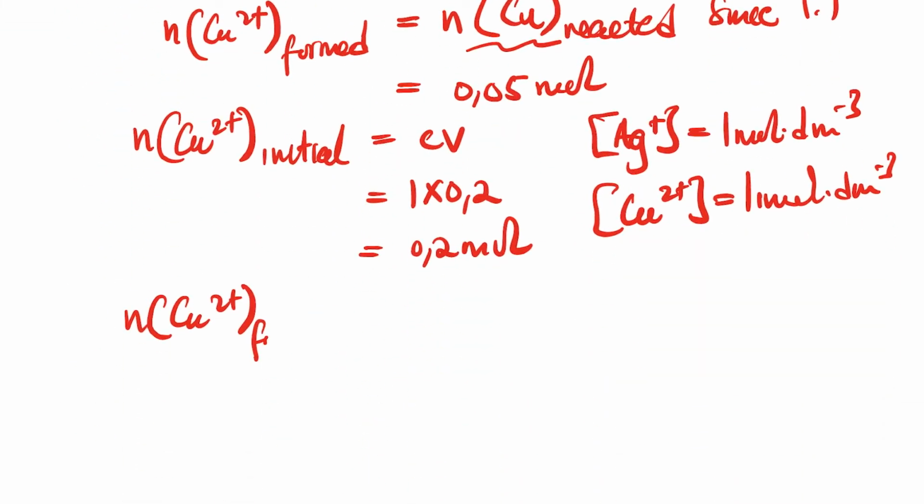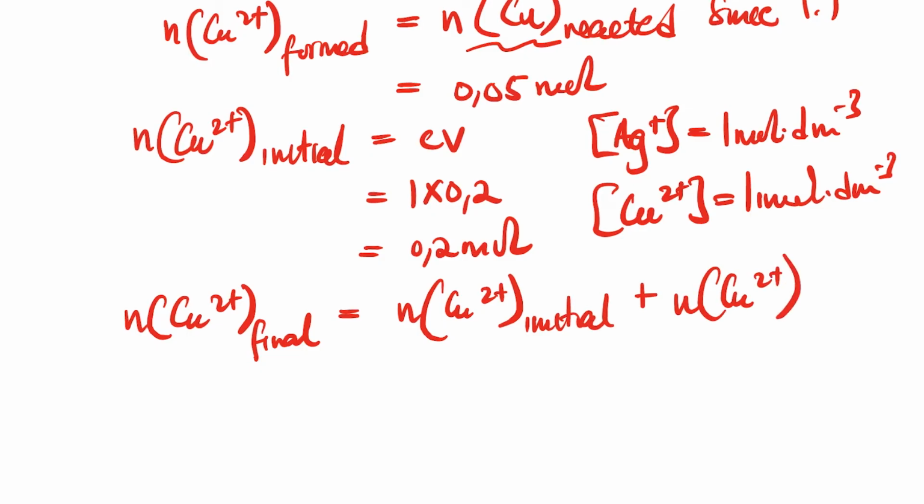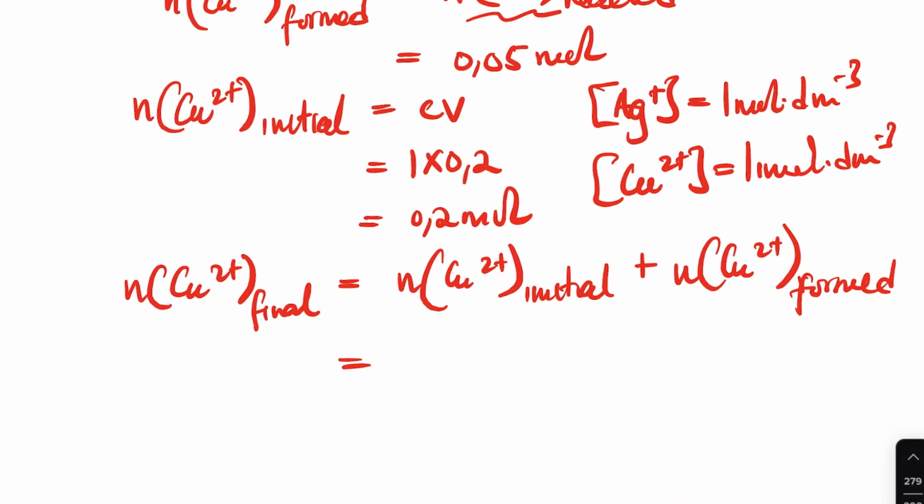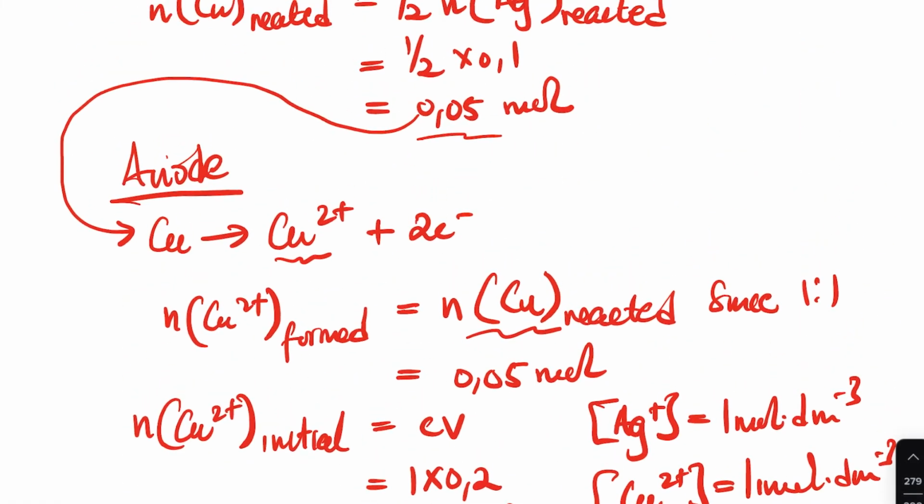In other words, this is the final. So the number of moles of Cu2+ final is the initial number of moles plus the number of moles of Cu2+ that is formed.